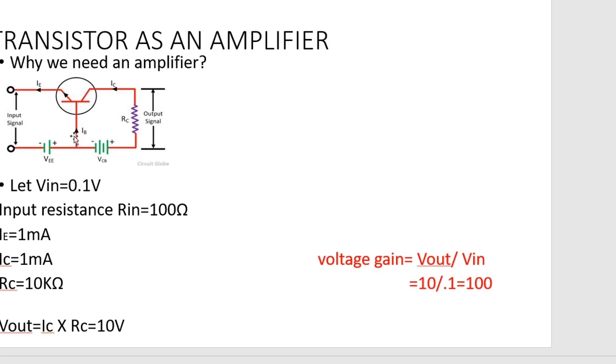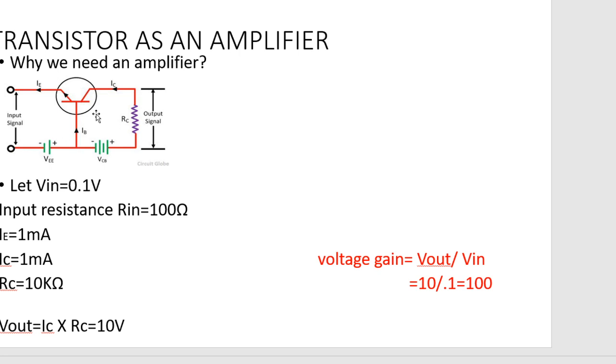In the diagram, we can see two voltage sources VEE and VCB. This VEE is connected to forward bias the base emitter region, and this VCB is reverse biasing the collector base junction, so that the transistor is operated in the active region.